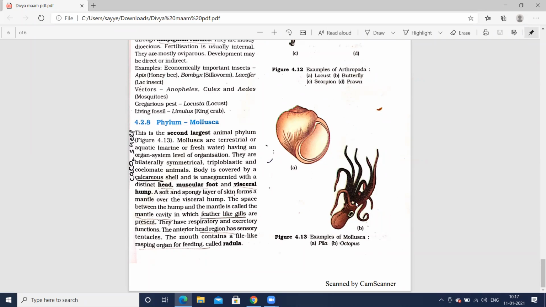Can you guess the function of these sensory tentacles? Just now we had talked about them. I know it's very cold now. You people are not feeling like speaking. Most of you must be sitting in your bed in the quilt and studying.